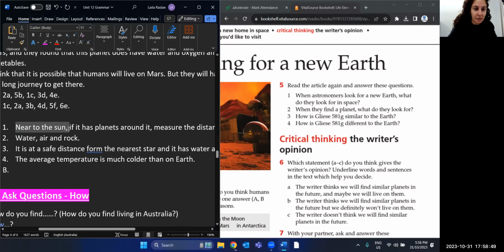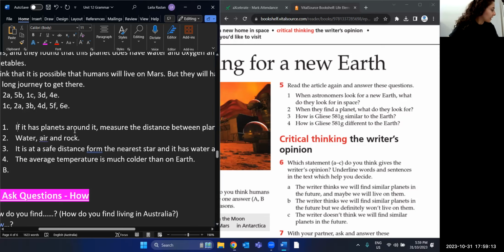So I don't think they look for it to be near, but they just measure the distance. So I might start my sentence with, so what do they look for? So imagine they found a planet. Yes, what do they, yeah. So imagine they found a planet. Yeah, water and rock. Yeah. And air. Exactly.